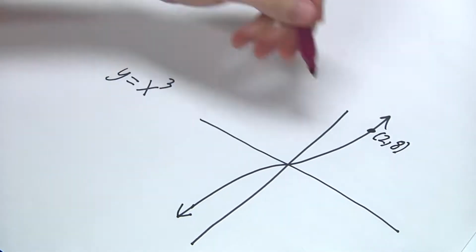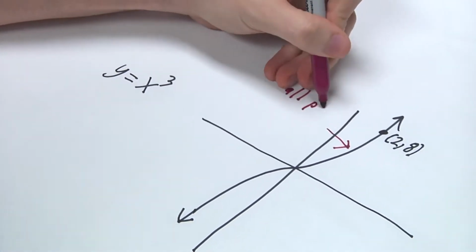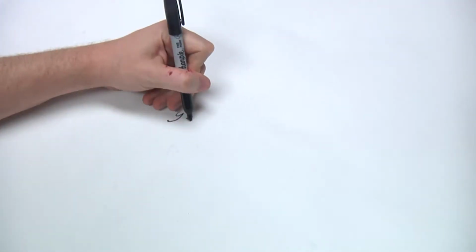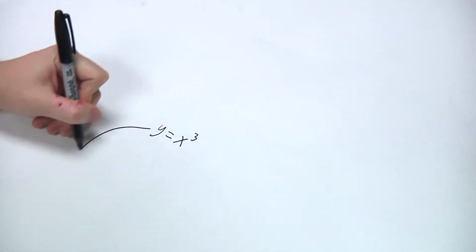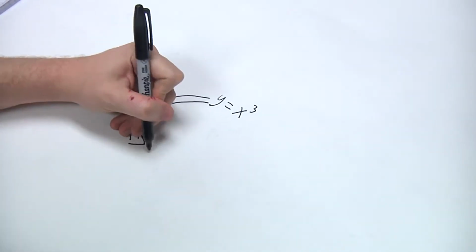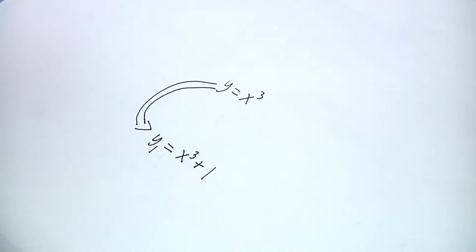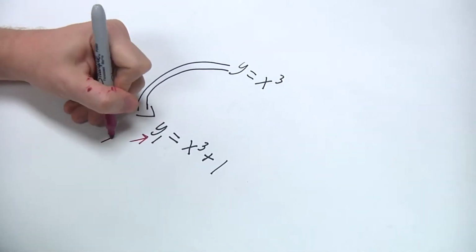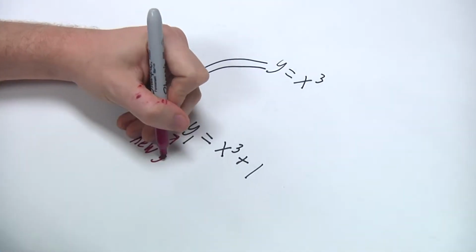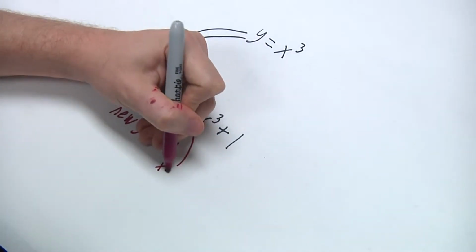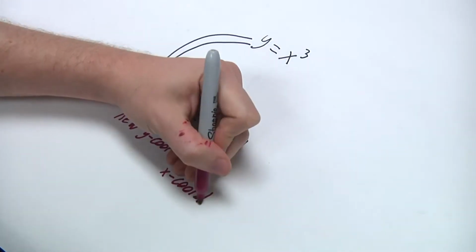For example, (2, 8) is one point that makes the equation y equals x cubed true. The key to being a master of transformations is understanding how the x and y coordinates need to change in order for the equation to remain true. We already have y equals x cubed written, so let's discover the graph of y1, the new y coordinate, equals x cubed plus 1.